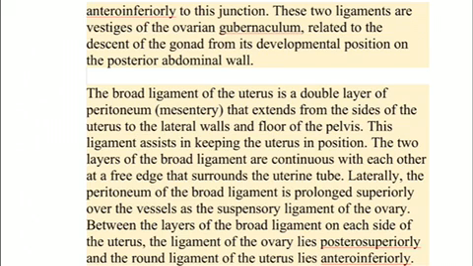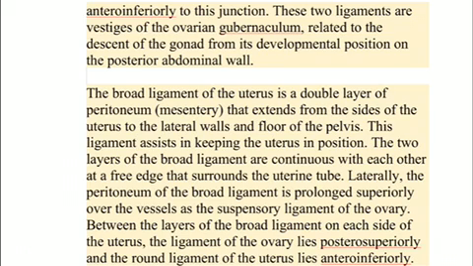Then, most important, you have the broad ligament of the uterus, which is a double layer of peritoneum, the mesentery, that extends from the sides of the uterus to the lateral walls and floor of the pelvis. The broad ligament of the uterus assists in keeping the uterus in position, so it gives support to the uterus.